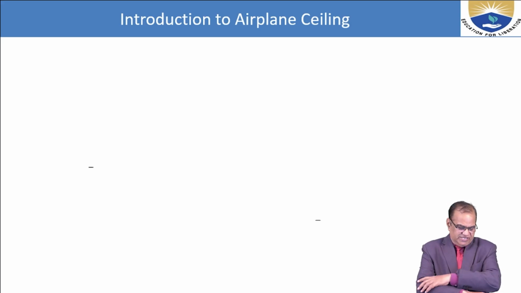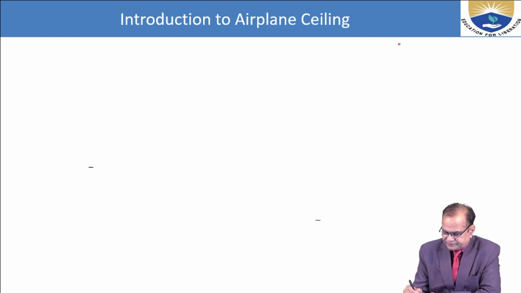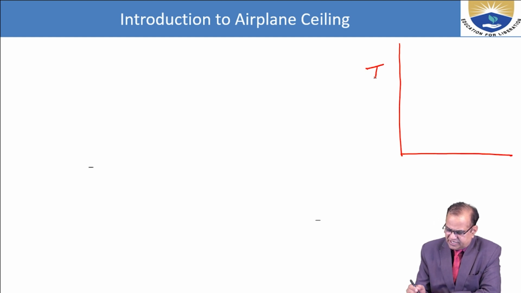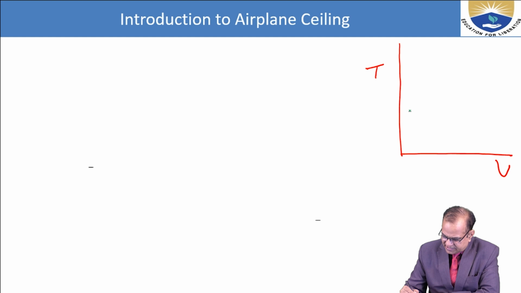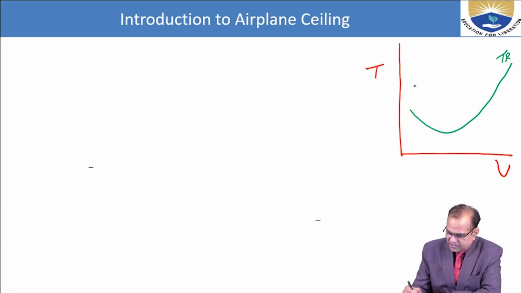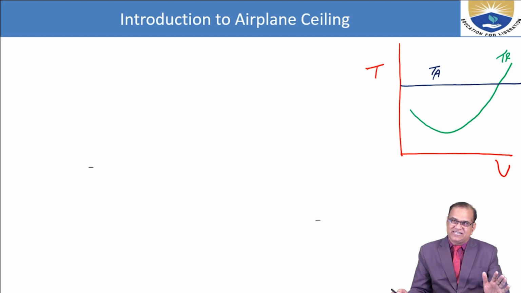I will just discuss altitude. If you see here, this is the thrust versus velocity curve. This is our thrust required, TR, and this is the thrust available, TA, in the sea level condition.